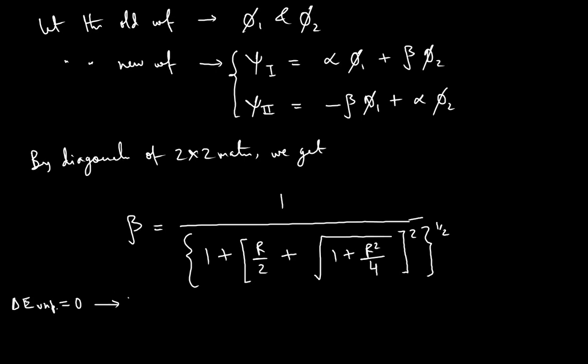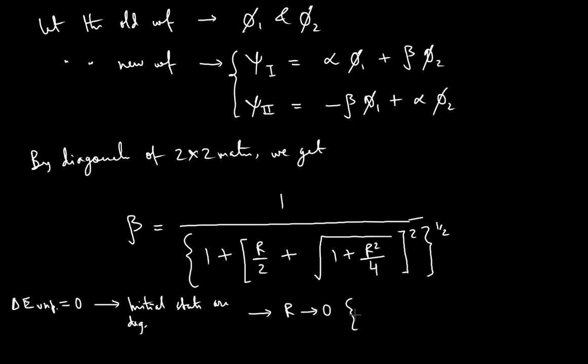Then this means initial states are degenerate, right? And you can see that this gives us basically R tending to 0.